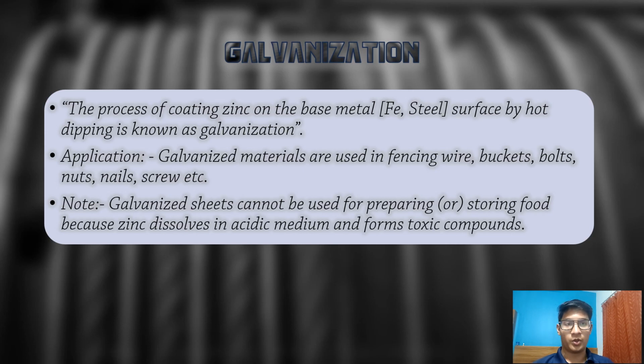This is the basic definition. Application: galvanized materials are used in fencing wires, buckets, bolts, nuts, nails, screws, etc. Note: galvanized sheets cannot be used for preparing or storing food because zinc dissolves in acidic medium and forms toxic compounds.